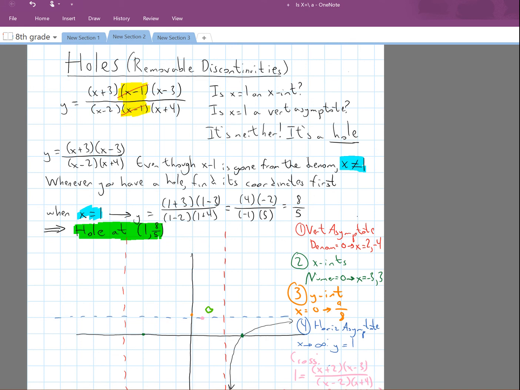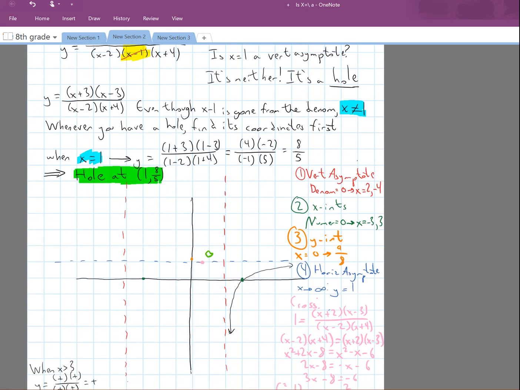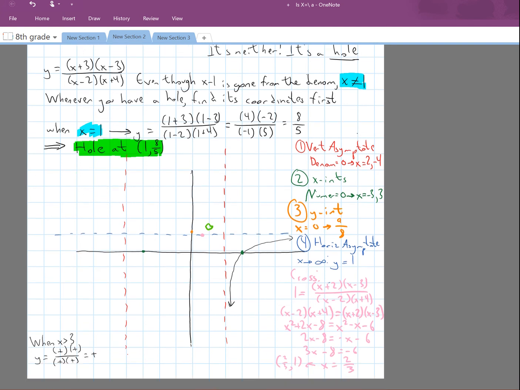Negative 5, okay, that should be right. 1,8. Did I just graph it wrong? 0,9/8.